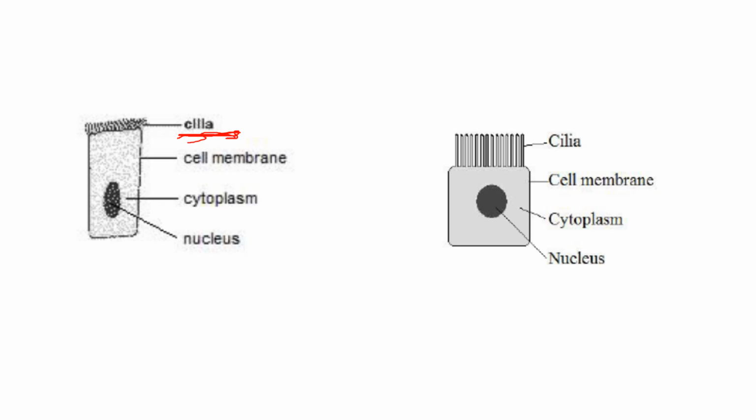That's why it is called a ciliated cell. It has these tiny hairs called the cilia, and these are the ones which will move the ovum, and also sweep and trap dust particles in the respiratory tract. So this is a ciliated cell. Alright, it also has these other parts like the cell membrane, the cytoplasm, and it also has the nucleus, since it's a cell.